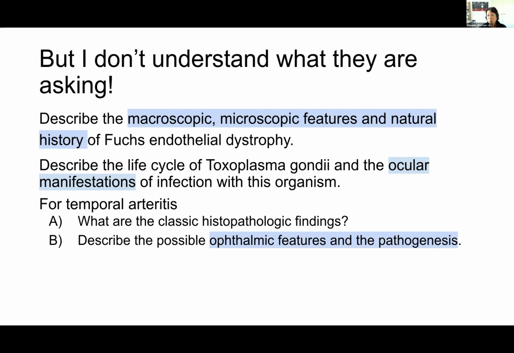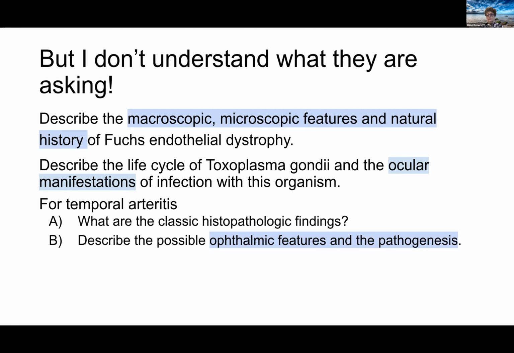And then, so Jess just requires some clarification. Is ophthalmic features the clinical and the macroscopic only? Yes, it usually is. It's the thing that the ophthalmologist sees with his or her stuff in the clinic. Okay, that's good.